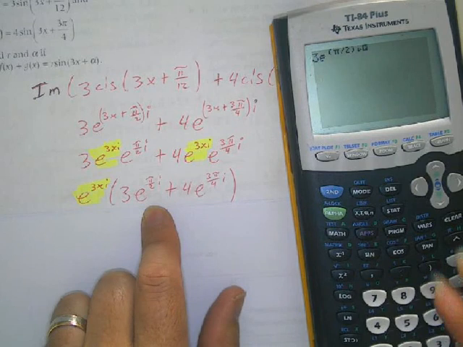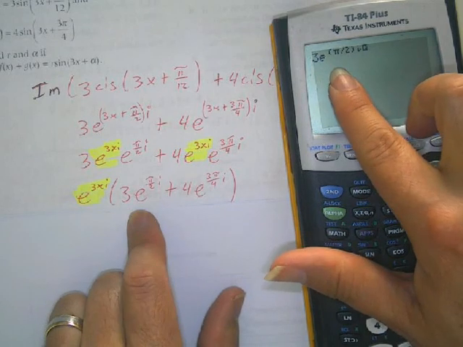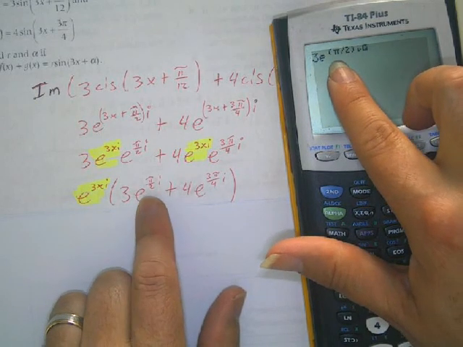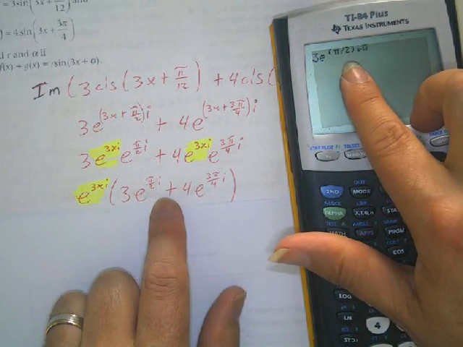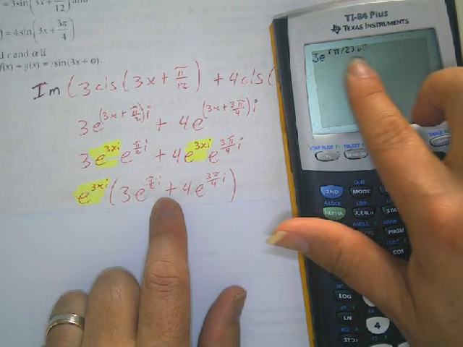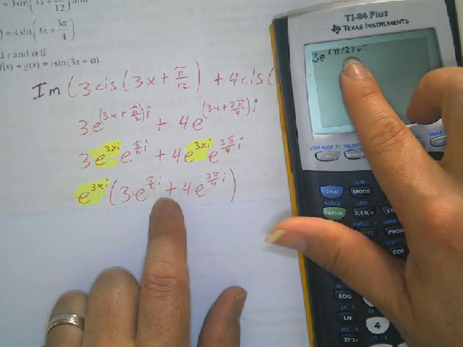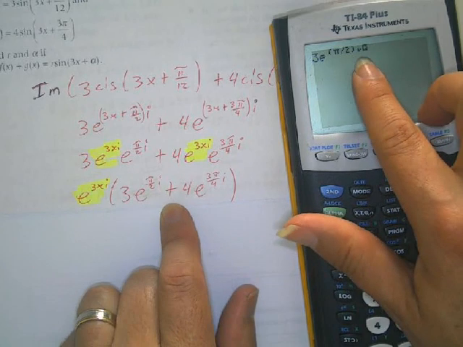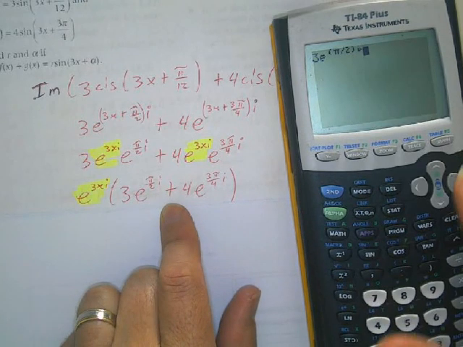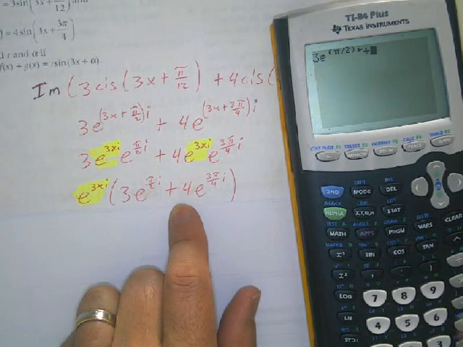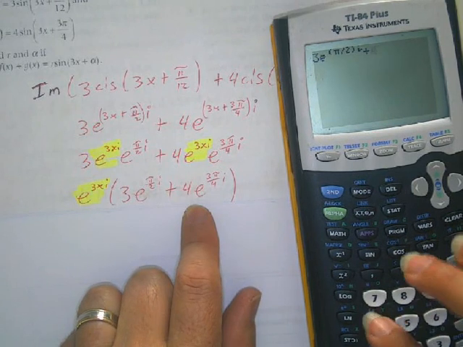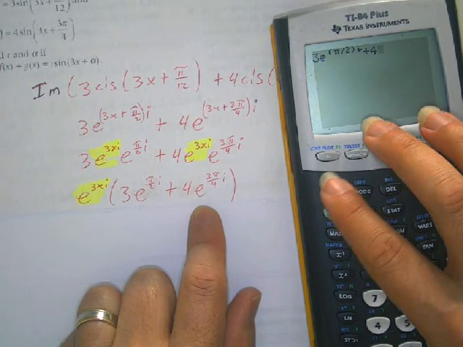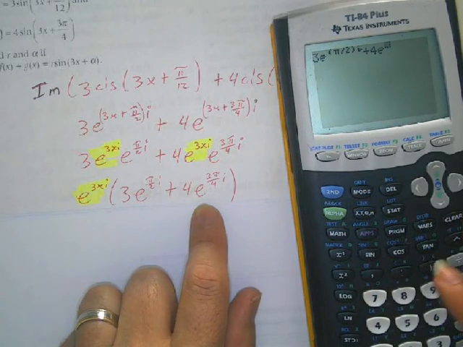Okay, see how I wrote it? 3 times e to the power of pi divided by 2i. If you've got a more modern calculator, it'll make it look like this. Like I said, somebody in this class forgot to write the i. I'm not going to tell you who it was, to protect their innocence. They are not guilty if we don't know their name.